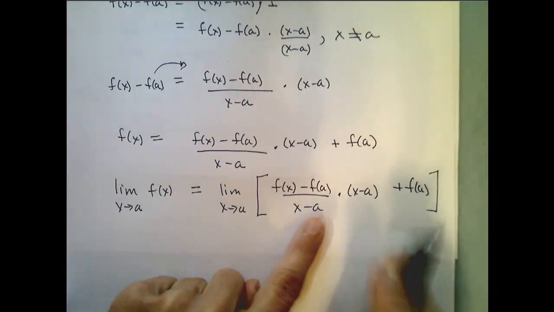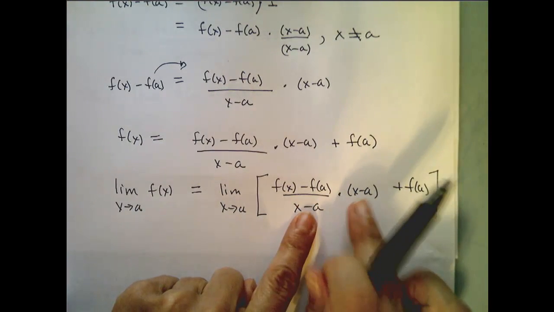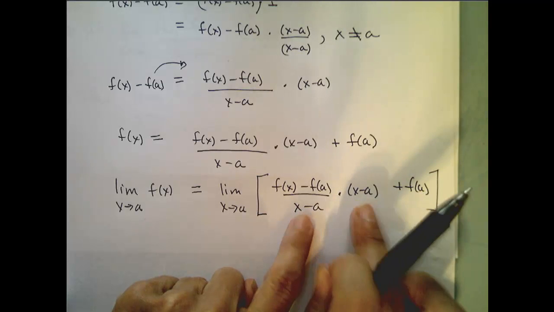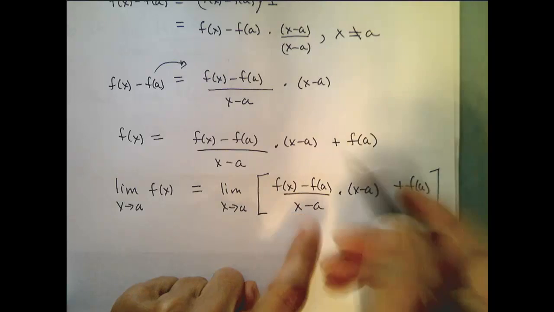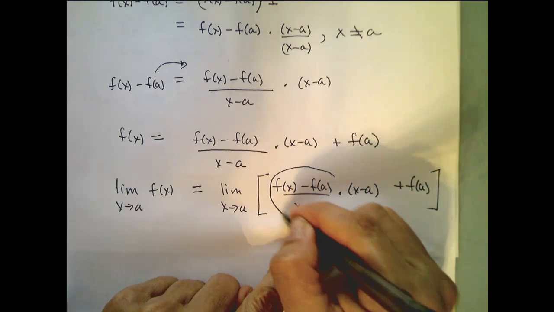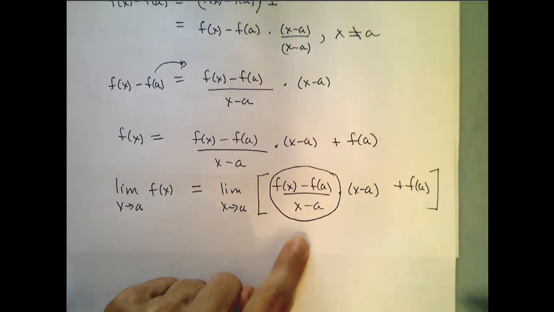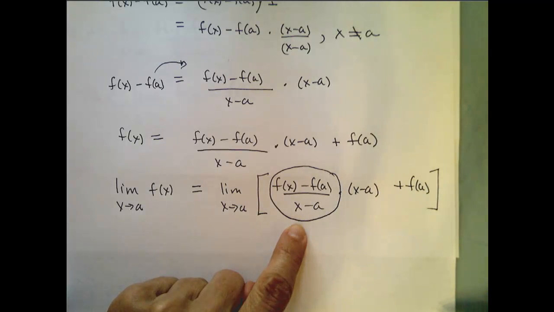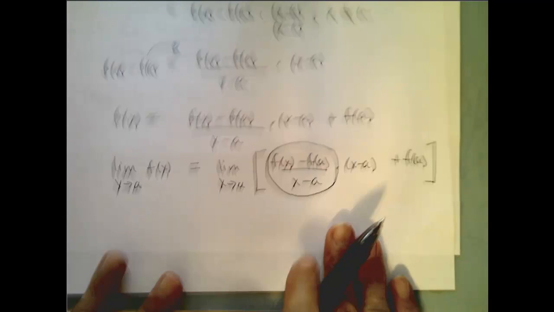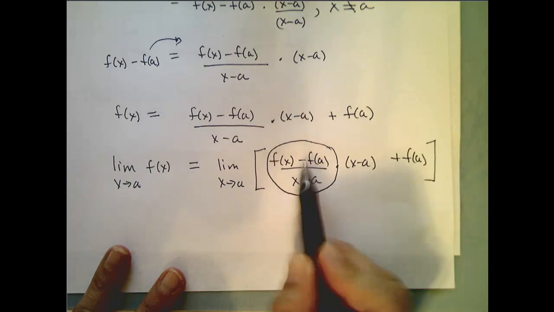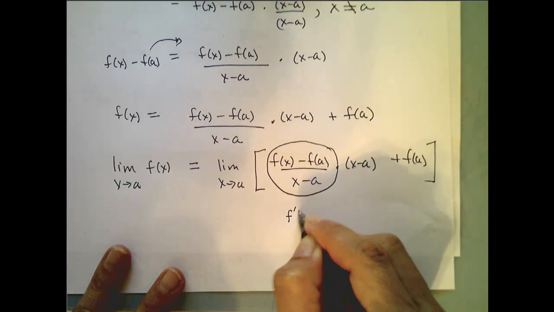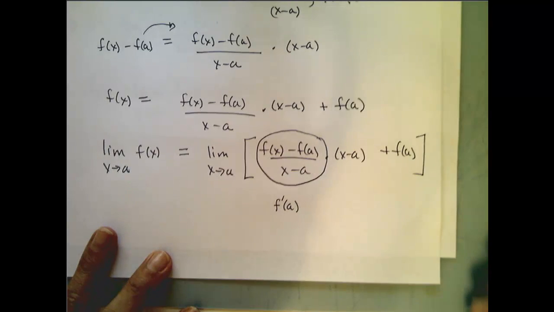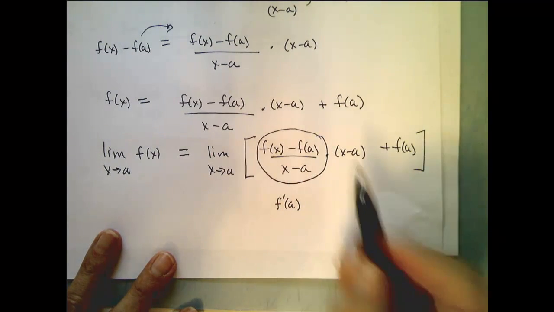Now, I can split this limit up, this product, provided that the limit of each piece of this product exists. And we know this limit exists, and this is where we bring in our hypothesis. We know this limit exists because f is differentiable at a. So this limit, as x approaches a of f of x minus f of a over x minus a, is actually equal to f prime of a, because the derivative exists at a.